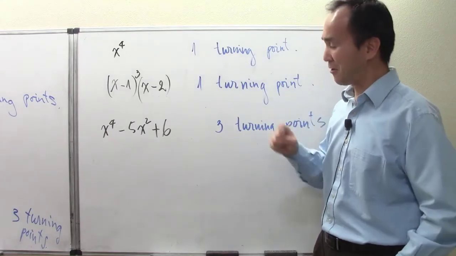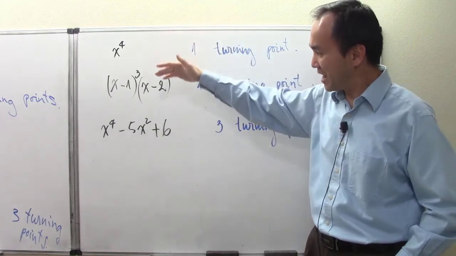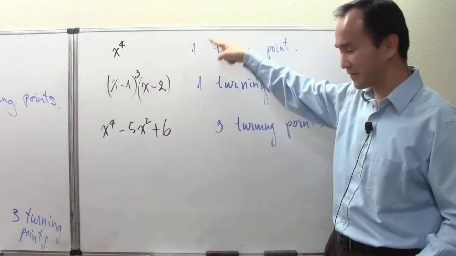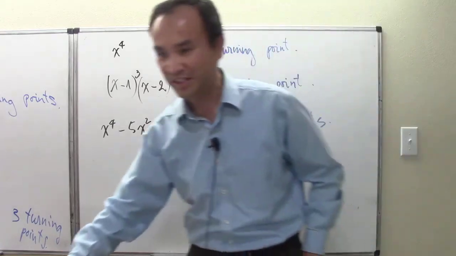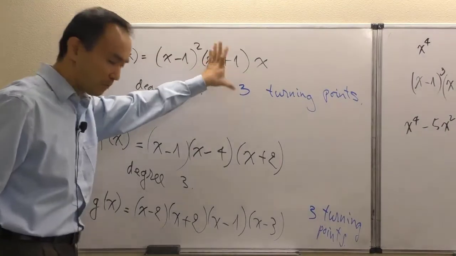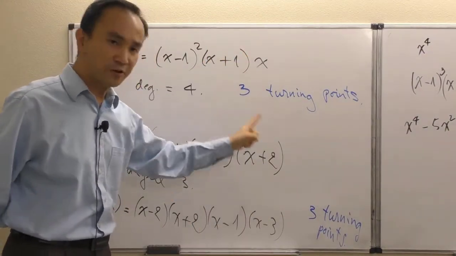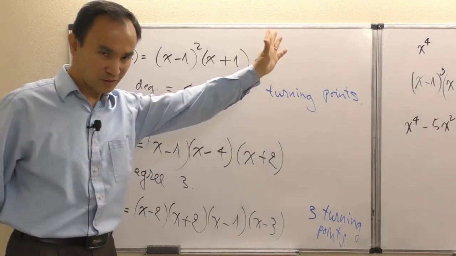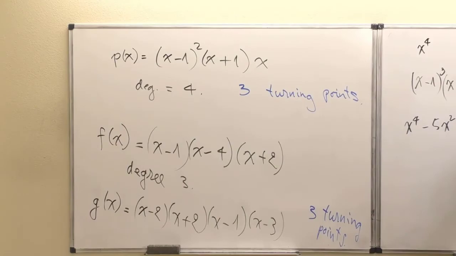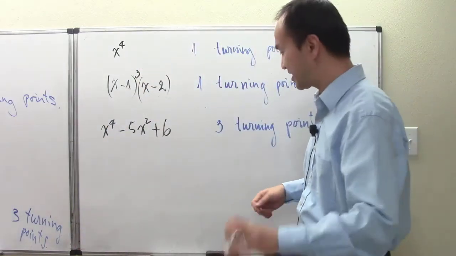Here's how I'm seeing it. Most of the time we have 3 turning points, and then there are some with 1 turning point among the fourth degree polynomials. So as a general observation, I can see that.